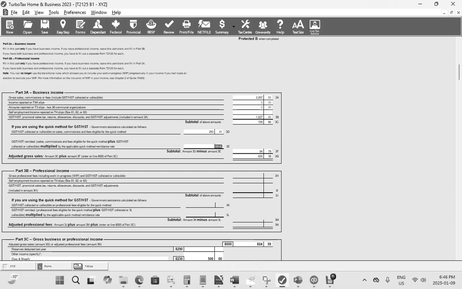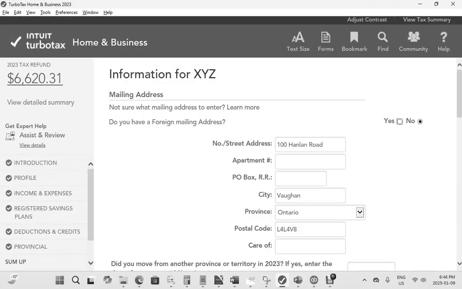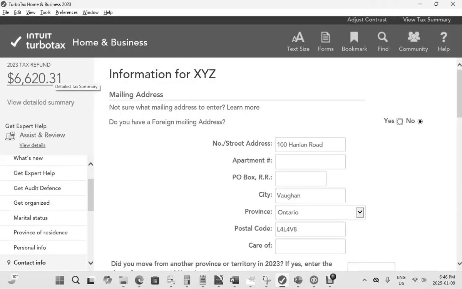All right, now next you have 3E, which has to do with HST GST remitted. In the last video, we used a calculator to figure this one out. So let's go ahead and change the figure for our 3E, and see how it impacts our tax refund. So let's say right now it is $198.62. Your tax refund is $6,620.31.